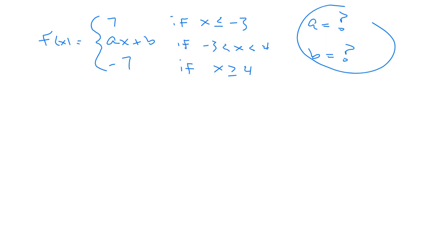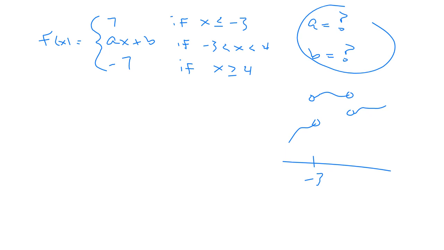Think about it: if this wasn't continuous, then the first formula wouldn't pick up where the second one left off, and the third one wouldn't pick up where the second one left off. So in general, if the functions are not equal at -3, then the graph's going to be disjointed. I need them to be equal.